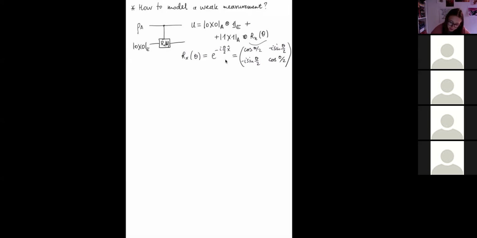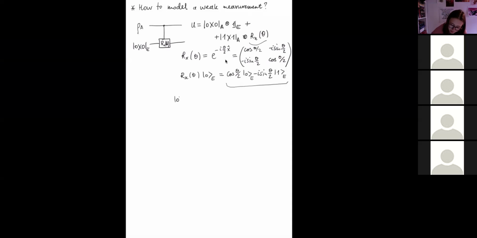And this matrix, Rx, if the initial state of the system E is 0, maps it to cosine theta over 2 |0> minus i sine theta over 2 |1>. Which means that if the initial state of A is 1, then because it's a controlled operation, we have to apply this rotation to the second qubit, and then the state of the second qubit becomes this.